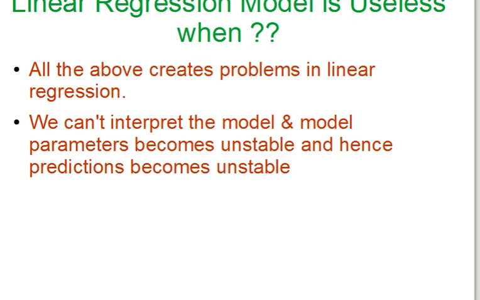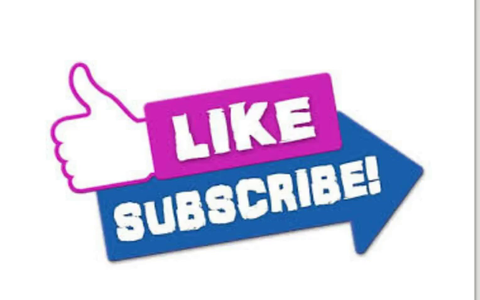Cannot be interpreted means we cannot say that for a given change in x1, what is the change in y. That won't be constant, that won't be stable at all. So these assumptions should be followed, if not completely, then strictly, in order to get the model results or predictions to be stable, and for the interpretation.